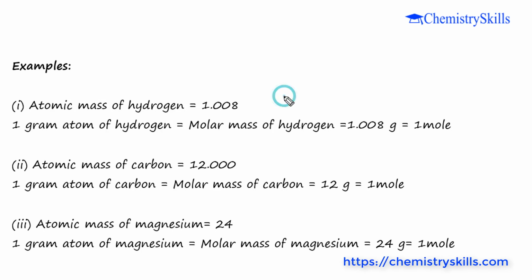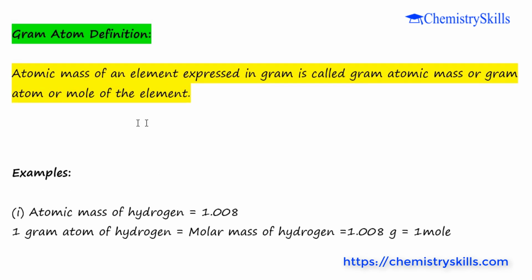Now, the atomic mass of hydrogen is 1.008. One gram atom of hydrogen, what will it be as per the definition we just discussed? The atomic mass of an element expressed in grams is called gram atomic mass, or gram atom, or mole of the element. Am I right?